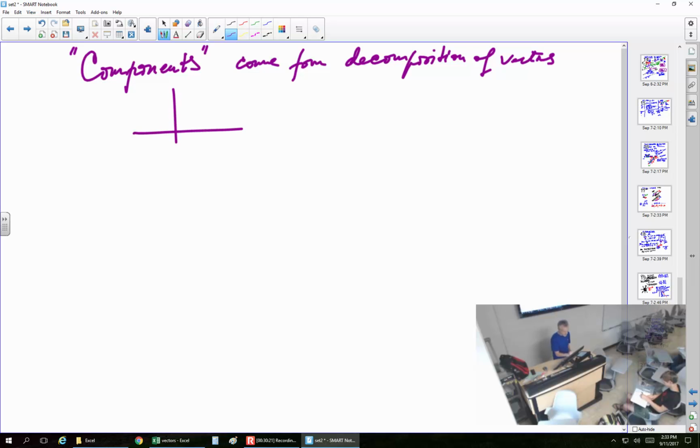The way we started is that we in fact decomposed our vector. Say this is P and its coordinates are 2, 1. My vector A here is OP and it is equal to the vector with components 2 and 1.